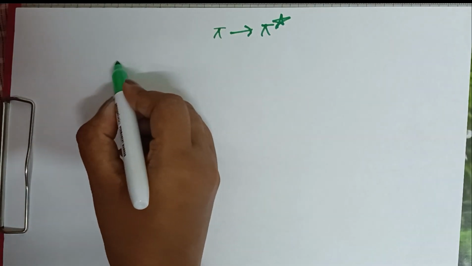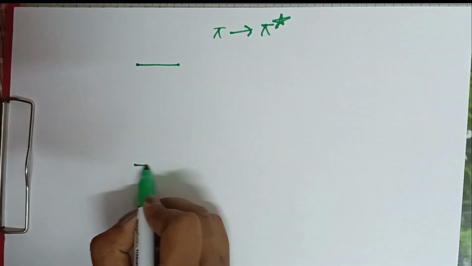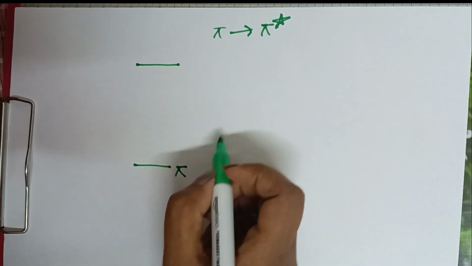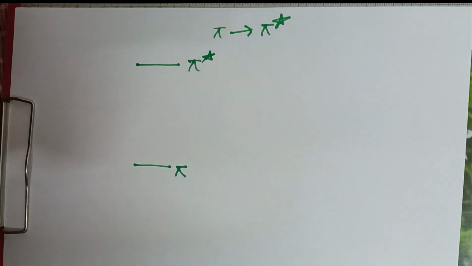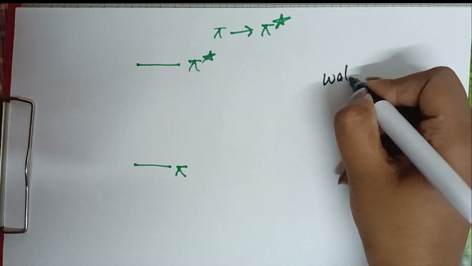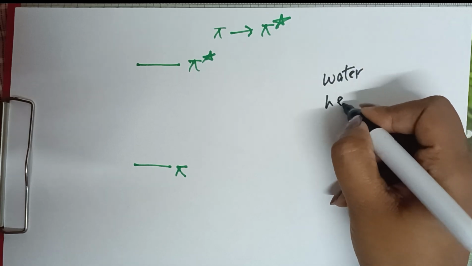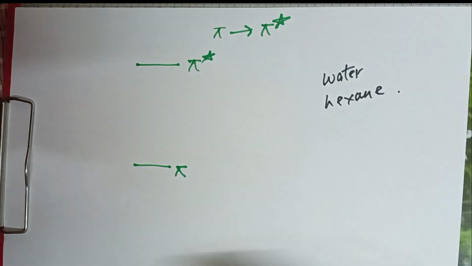Now suppose in this case we have two energy levels, right? Pi and pi star. Okay, now again we have taken two solvents, that is water and hexane. These are the two solvents and we have taken that same alpha beta unsaturated compound.